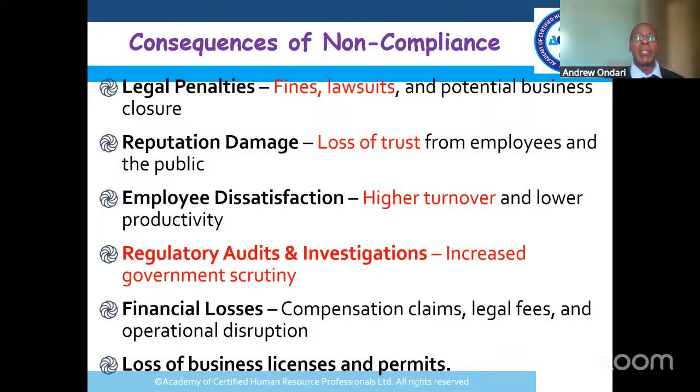So again, we need to be careful in regard to compliance. And that is why audits are very important. Compliance audit to determine areas where we have deficiencies and making regular updates to ensure that we don't suffer all these consequences.